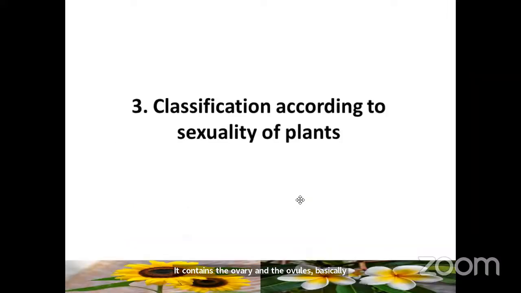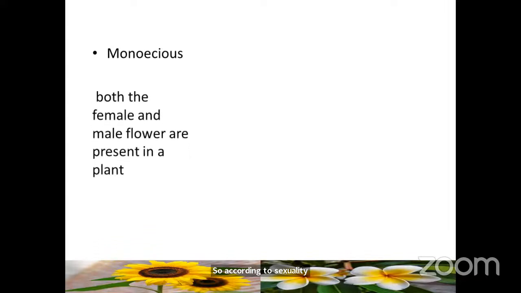Okay, moving on, we got here the classification according to sexuality of plants. According to sexuality of plants, plants can be classified as either monoecious.